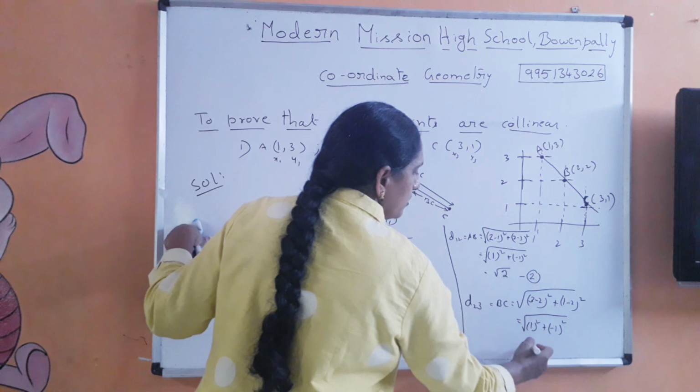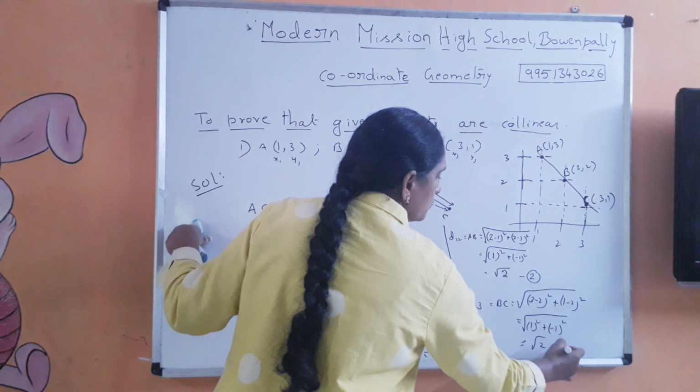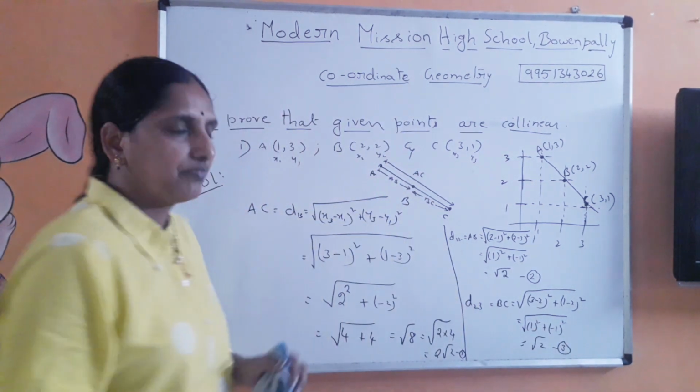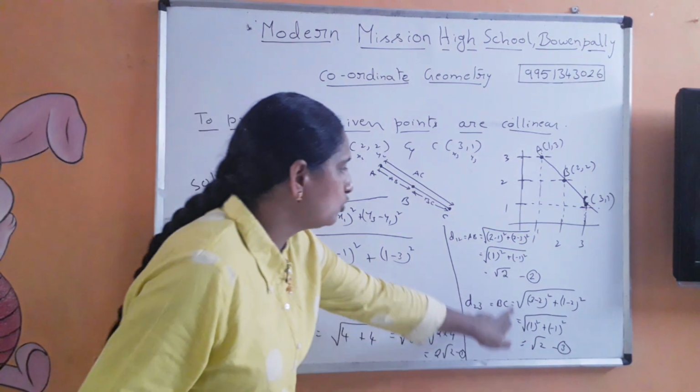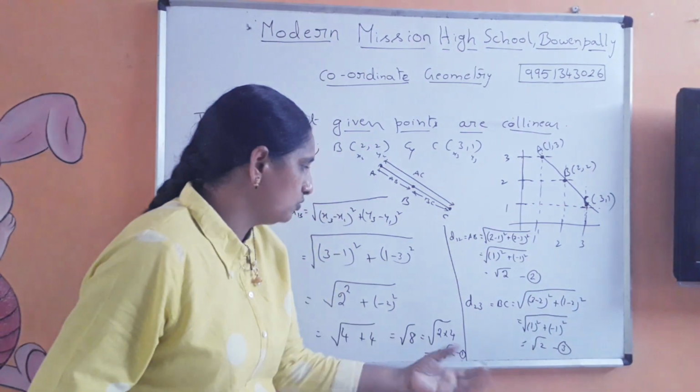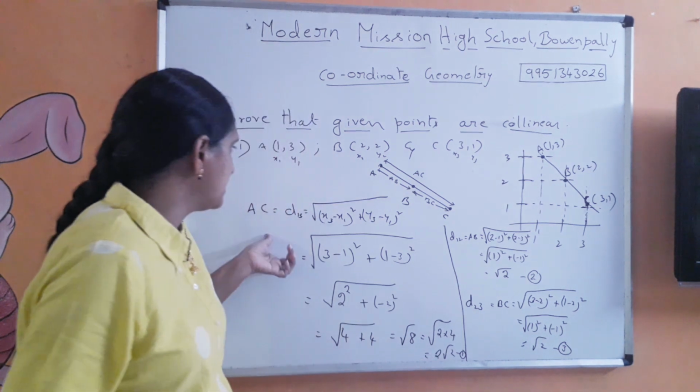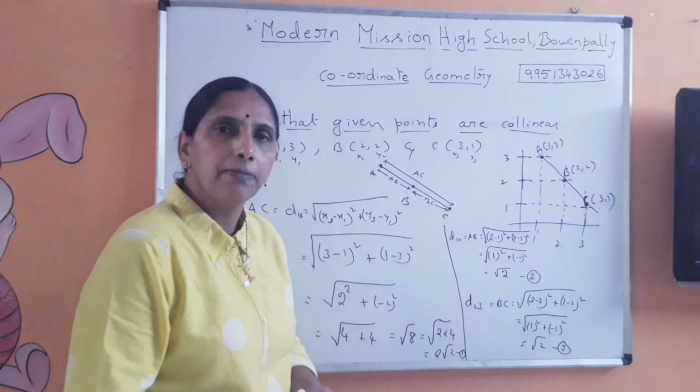So 1 plus 1 under root is root 2. Third equation. Very clear. Root 2 plus root 2 is 2 root 2. That is AC is equal to AB plus BC.